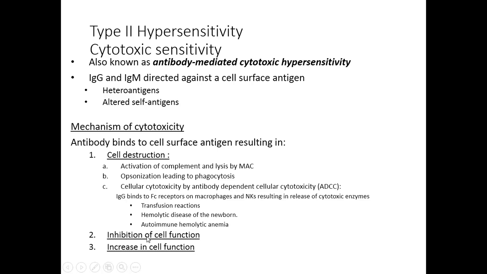And one is where we will inhibit cell function. In these, we're going to see an example where an antibody will bind to a receptor on a cell and prevent the normal constituent, they call it a ligand, the thing that would normally bind to the receptor.